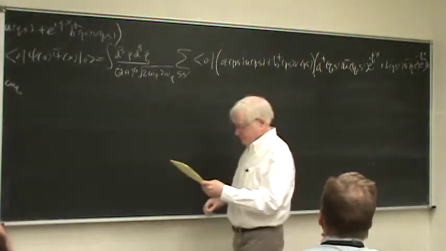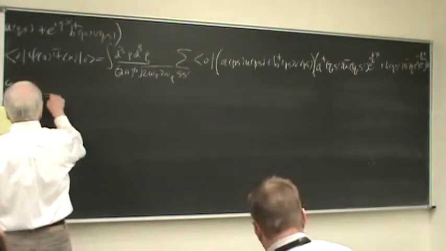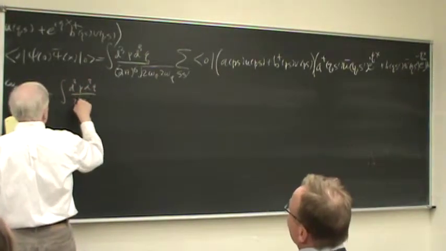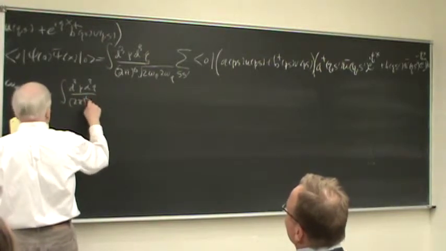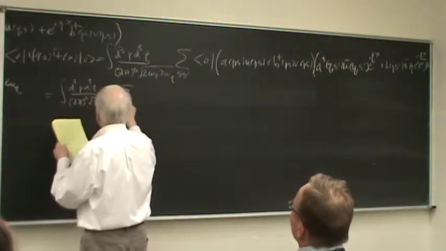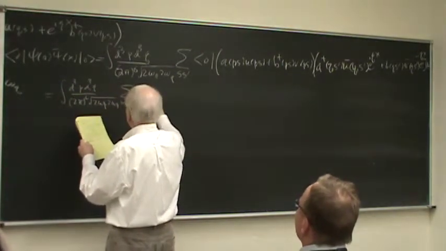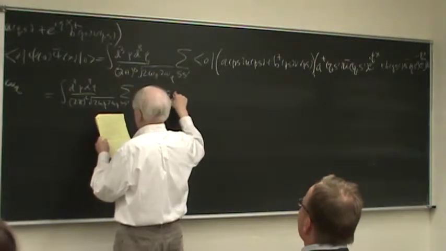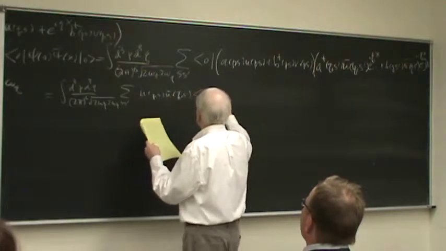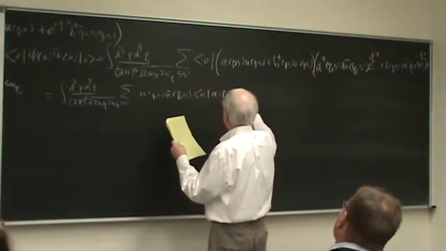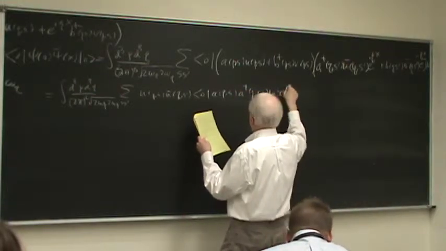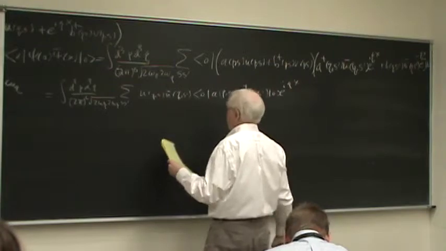And so all we get is the integral d cubed p d cubed q over 2 pi to the 6th, square root of 2 omega p 2 omega q, sum over s prime, u of p and s, u bar of q and s prime, 0 a of p and s a dagger of q and s prime 0, e to the iqx.